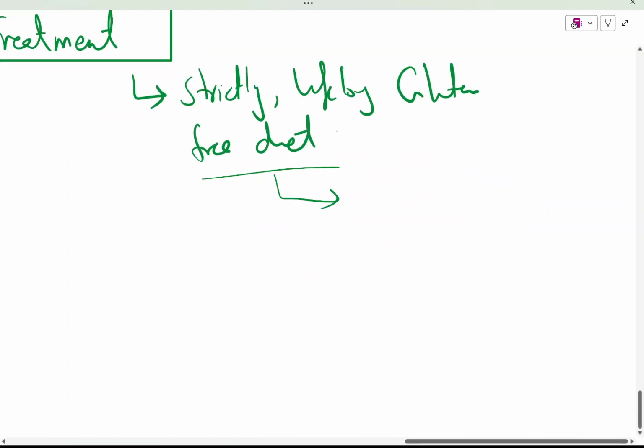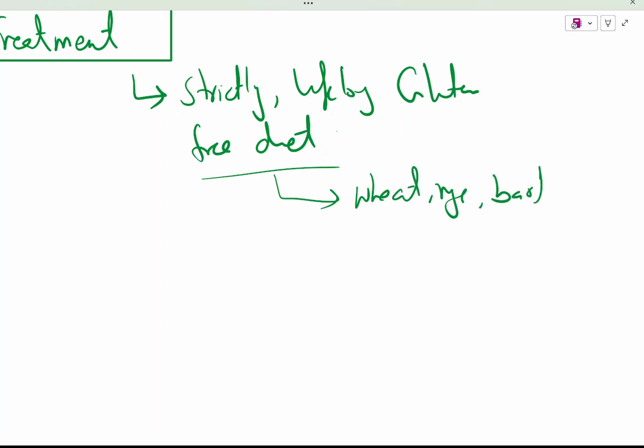Keep yourself away from those products which contain wheat, rye, barley. If a patient is strictly on a gluten free diet, his symptoms improve.